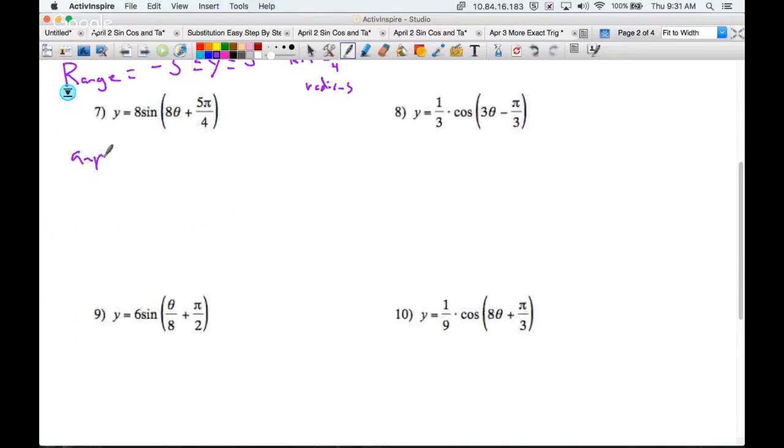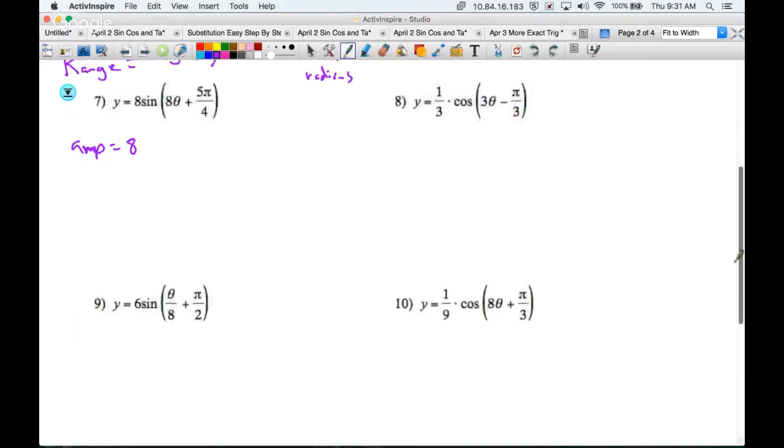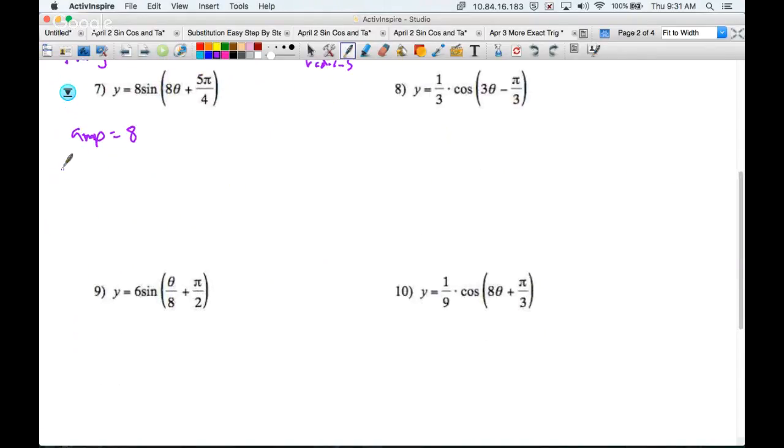Number 7, amplitude is 8. The period's next. Period is equal to 2 pi divided by 8, which equals pi over 4. Domain is all real numbers.